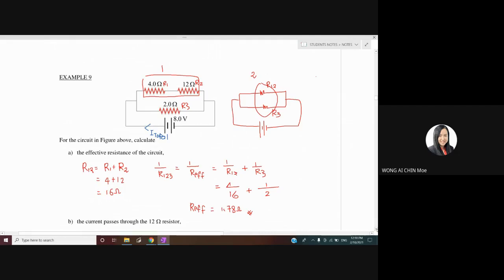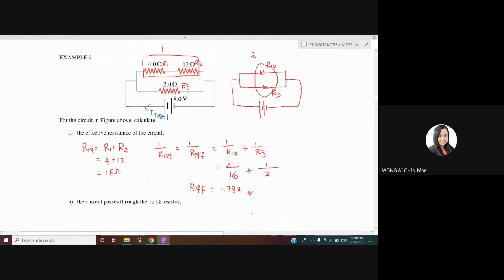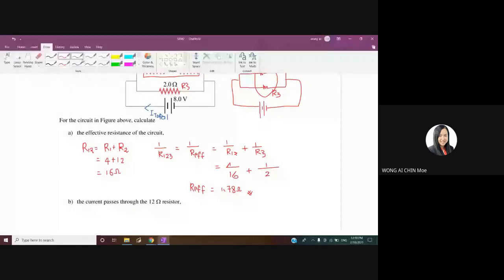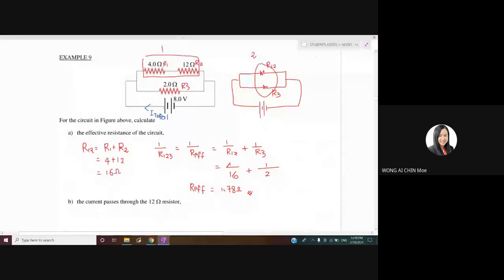Okay, next, we want to find the current passing through the 12 ohm resistor. So if you refer here, the current total will come up from the battery, and then it will come to here, I total. So when it comes to this junction A, it will split, become I1 and also I2.